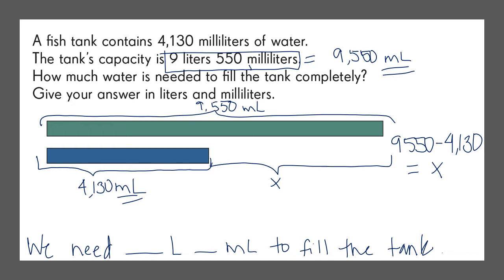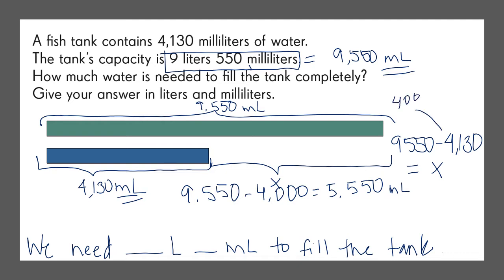You guys have so many different strategies for subtracting. I'm going to just show you what came first to my mind, is that I can keep my 9,550 and I'm going to subtract out 4,000 first. That will leave me with 5,550 milliliters. Now I've used the 4,000. I kind of want to use the 30 next. I'm going to write it over here, minus 30. That will give me 5,000.